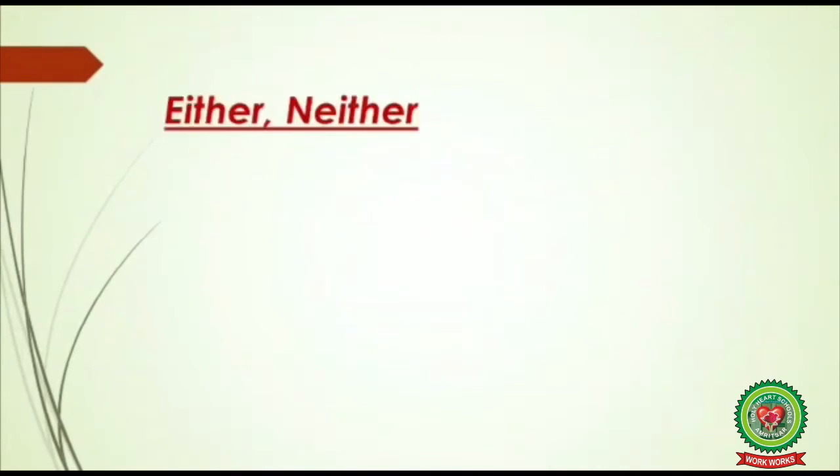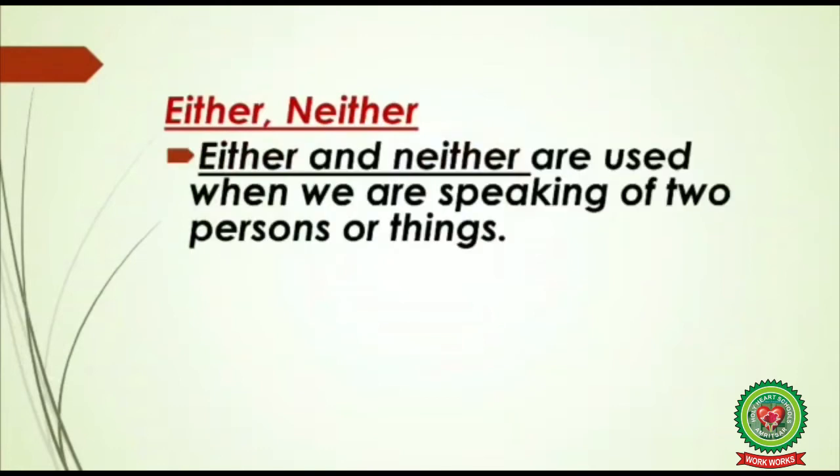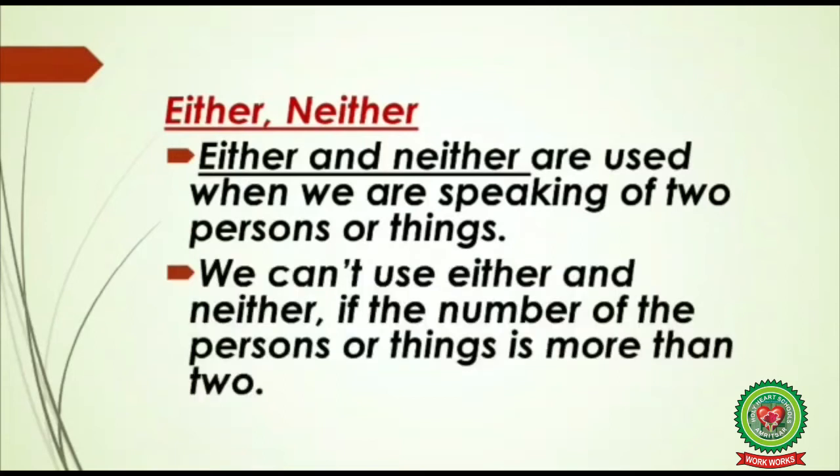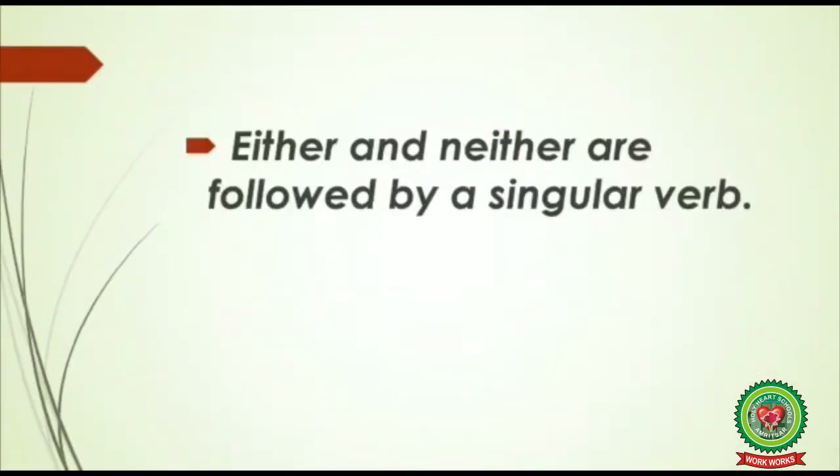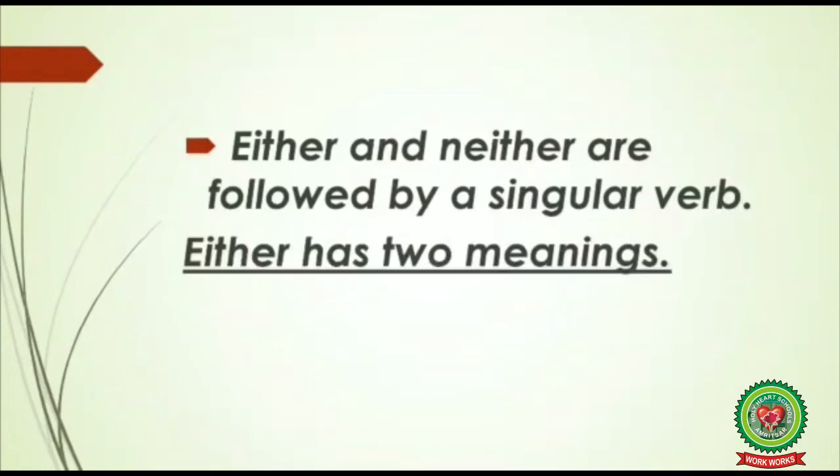Either and neither. Children, either and neither are used when we are speaking of two persons or things. We can't use either and neither if the number of the persons or things is more than 2. Either and neither are followed by a singular verb. Either has 2 meanings.